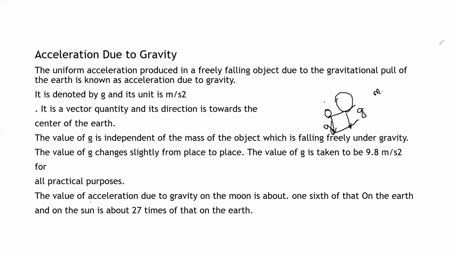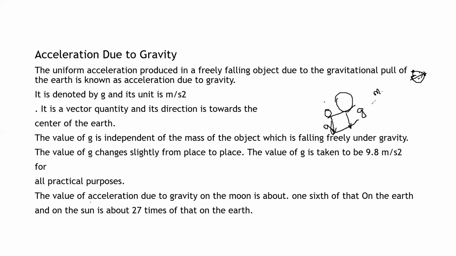The value of g changes slightly from place to place. For example, if you are measuring the acceleration due to gravity at the equator of the earth, the value is a little different. At the pole it is different, and if you take any place in between, the value will change slightly, by a very small amount.